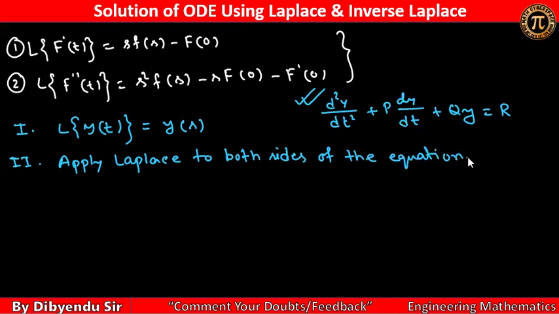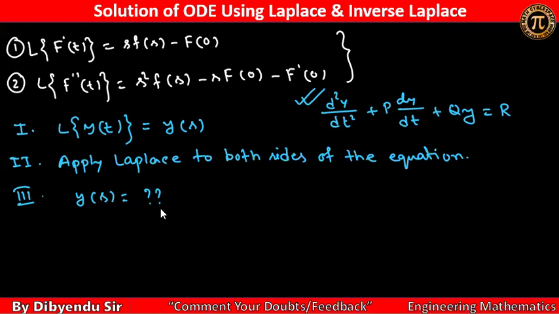This is the second step. When you apply Laplace transform to both sides of the equation, after simplifying you will get Y(s) equals something, after applying the Laplace transform.